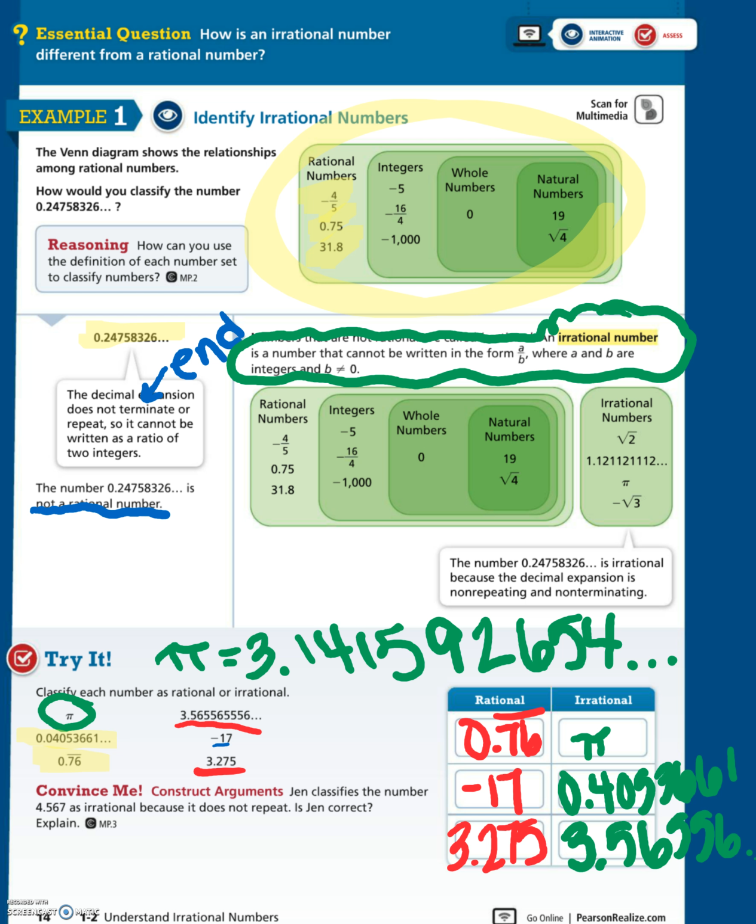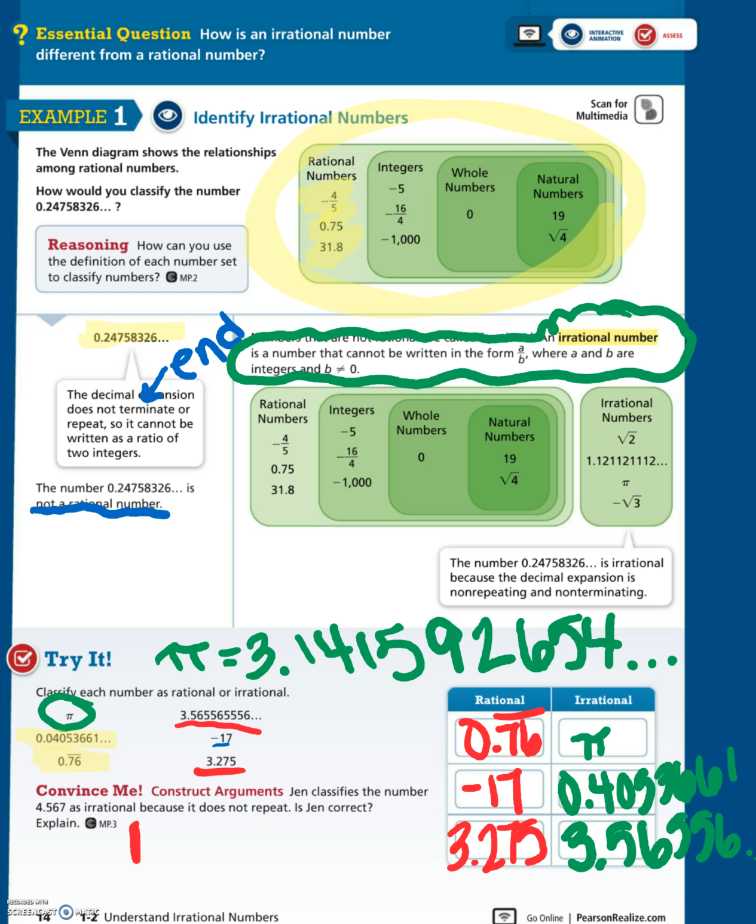Jen classifies the number 4.567 as irrational because it does not repeat. Is Jen correct? This number 4.567, she's right that it doesn't repeat, but it does what? It ends. So 4.567 ends right at 7.